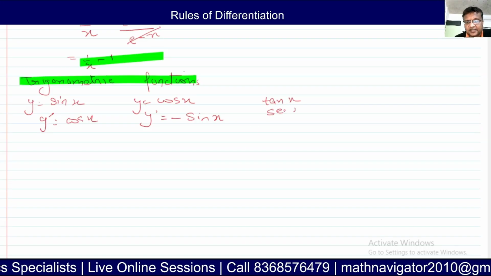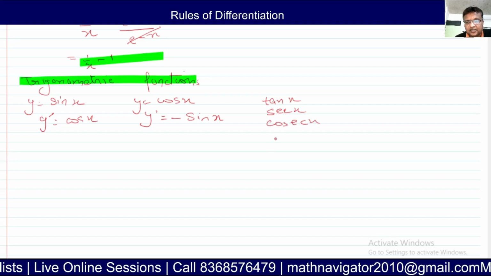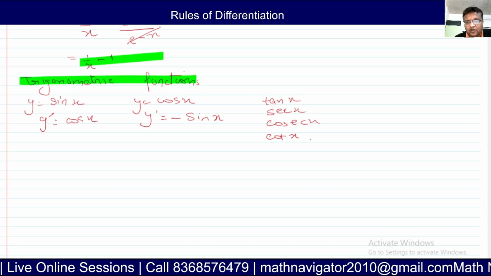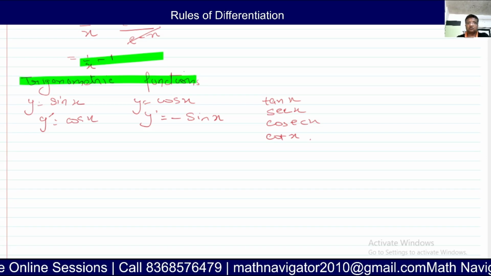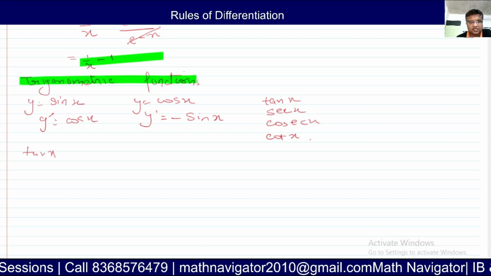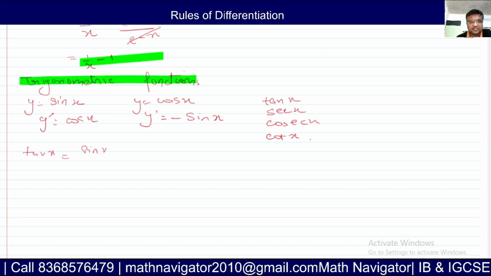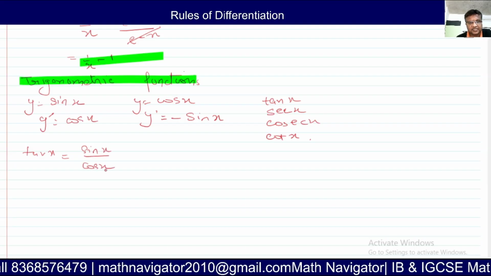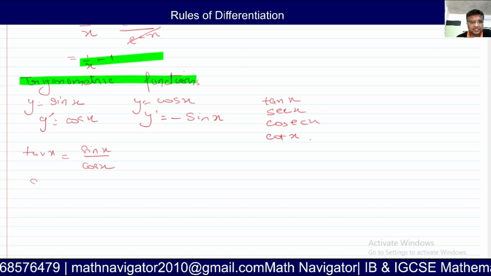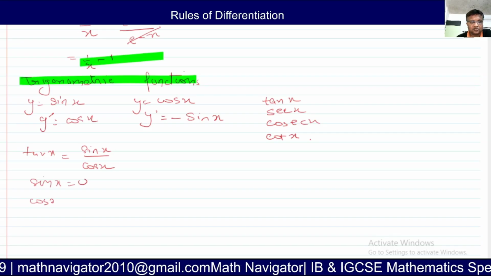sec x, cosec x, and cot x. How will we simplify? Let's talk about tan x first. Tan x can be written as sin x over cos x, right? So let's take u equal to sin x and v equal to cos x.